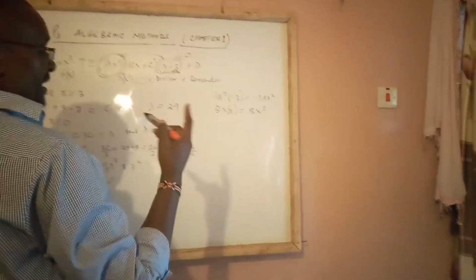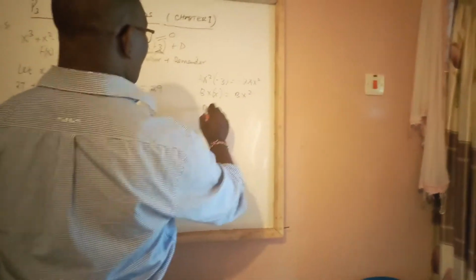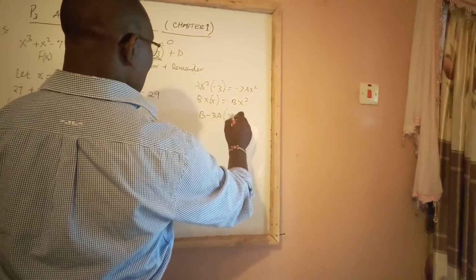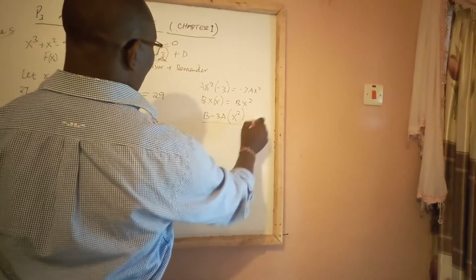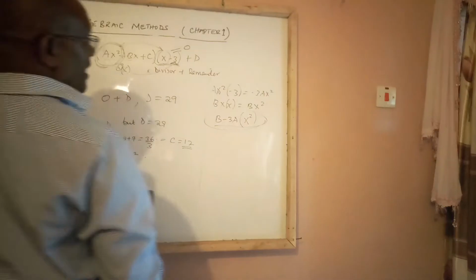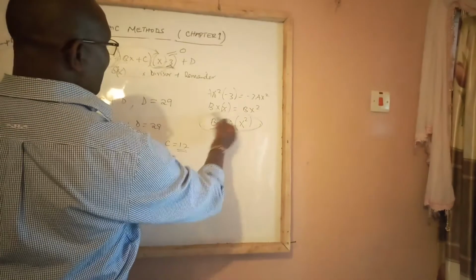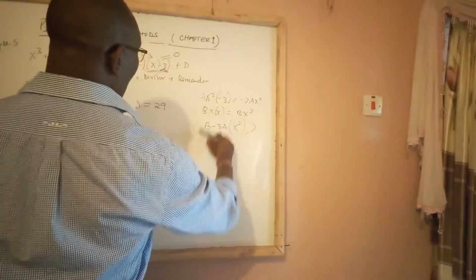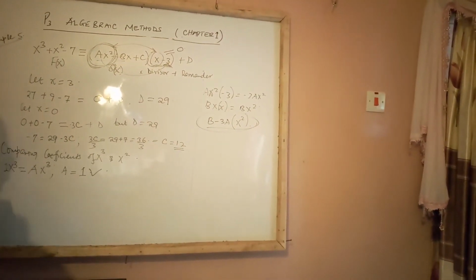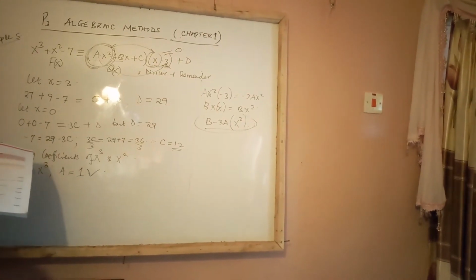When we add the two, we have b minus 3a, and combined they give something of this nature.